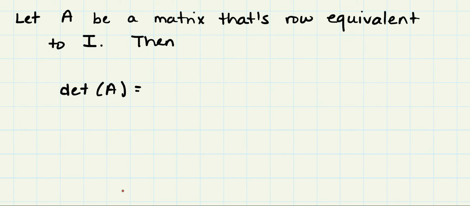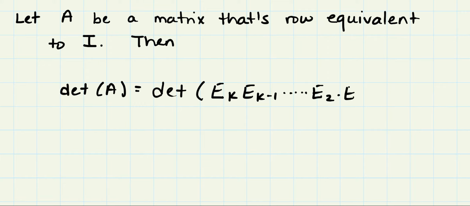So here we have a really nice statement. It says, suppose that A is a matrix that's row equivalent to the identity matrix. Then the determinant of A is equal to the determinant. Well, if it's row equivalent to the identity matrix, we have a bunch of elementary matrices that we can multiply the identity by to get A. But notice that this can be considered another matrix.